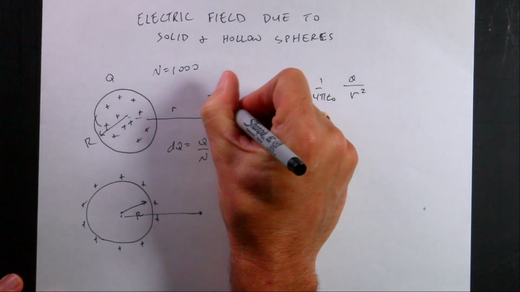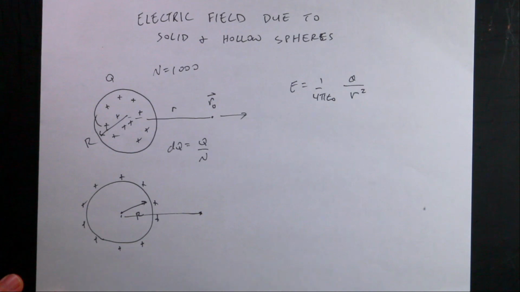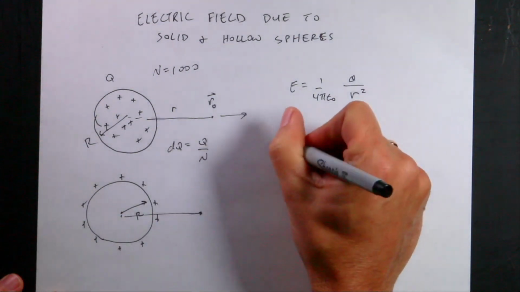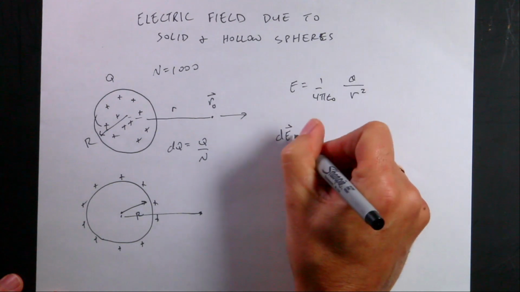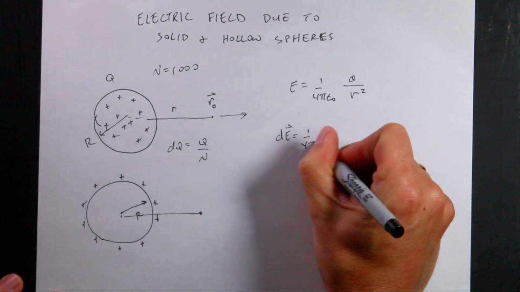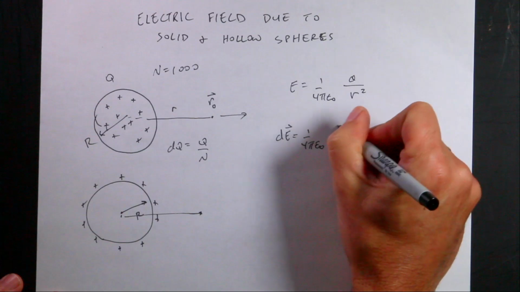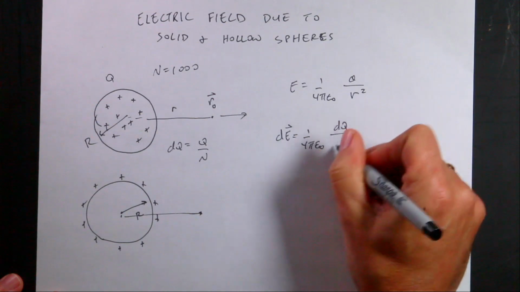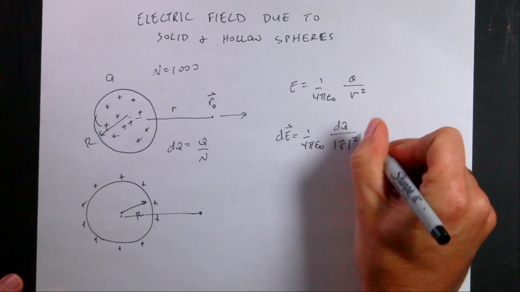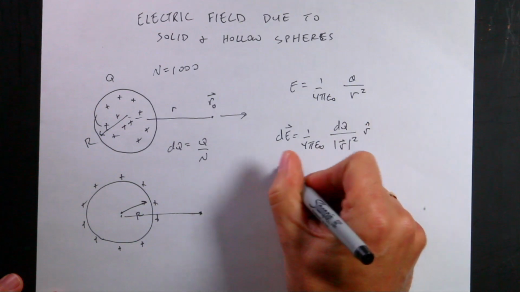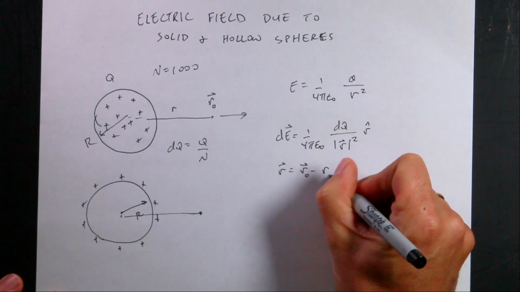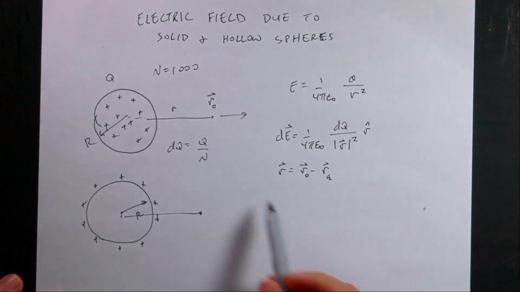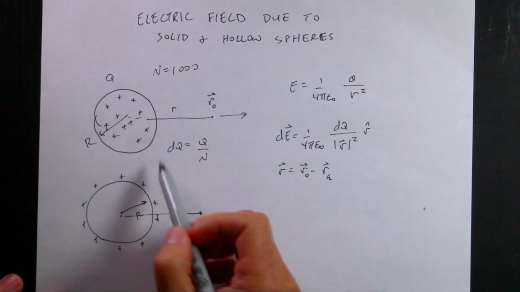I'll call that RO. For each point, dE, the electric field due to each individual point, is a vector, 1 over 4 pi epsilon naught, dq, the charge of each one, over r magnitude squared, r hat. And r is going to be RO, the observation location, minus RQ, the vector location of each charge, because the charges are all in different locations.